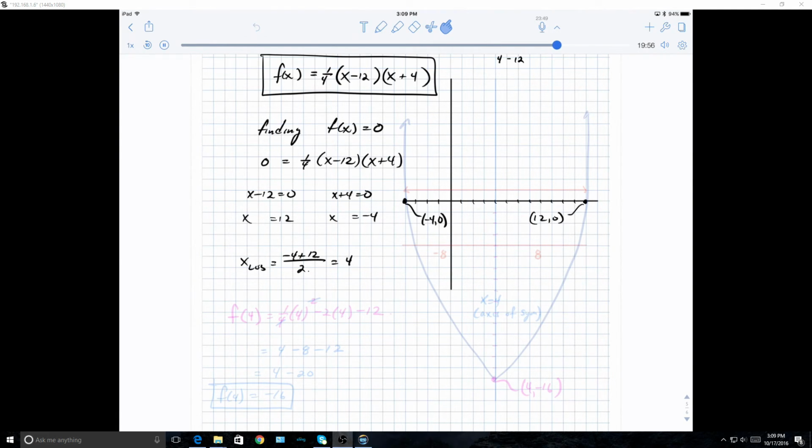So now I'm doing a different color here, blue. If I go 1, 2, 3, 4, it looks like right here we would have the line of symmetry. So here we have x equals 4, and that's the axis or the line of symmetry.